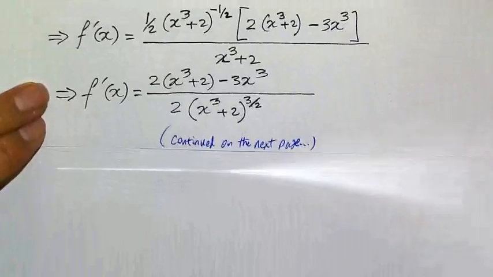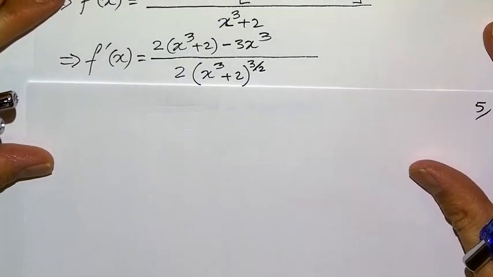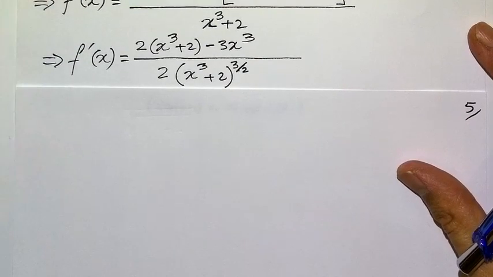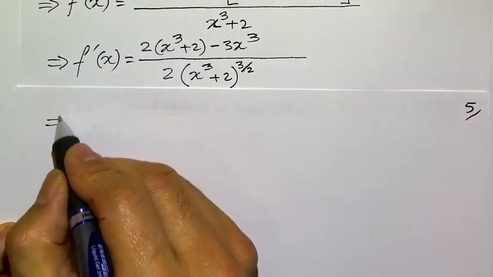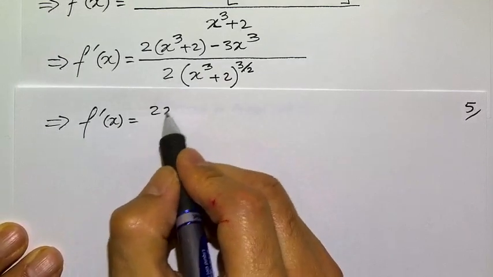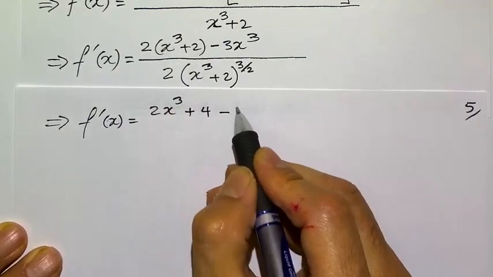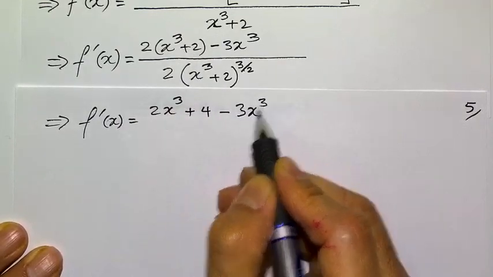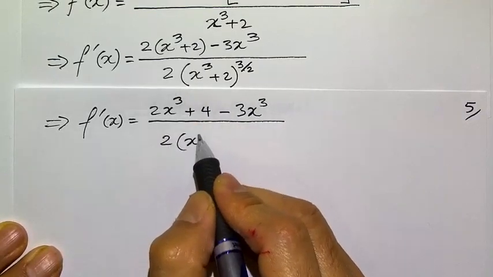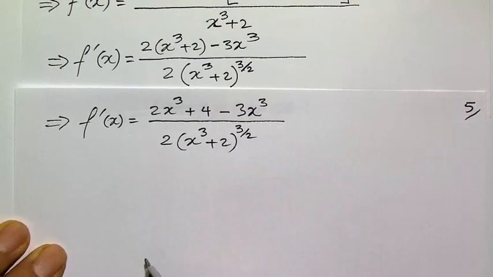Okay, is there anything else we can do to simplify this? Yes. Look at the numerator. We still have things to distribute and simplify. So we have 2x cubed, let's distribute this, plus 4 minus 3x cubed divided by all of this to the 3/2, right?